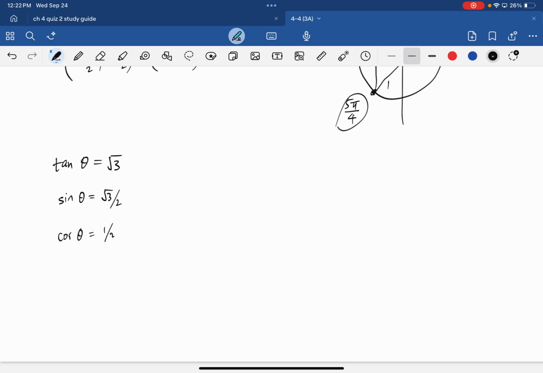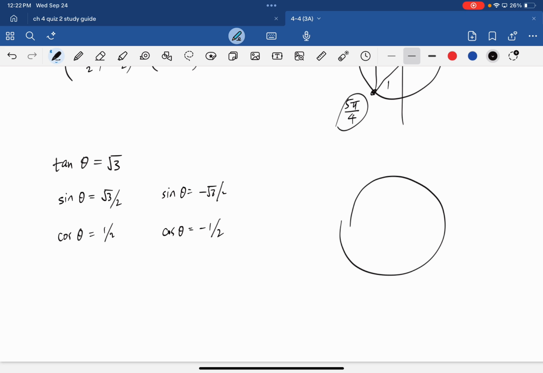You can confirm that sine and cosine divided by each other will give us root 3. And we also have to include the negative case, right? So sine theta equals negative root 3 over 2, and cosine theta equals negative 1/2. You can confirm that both of these cases will give us tangent equals root 3.